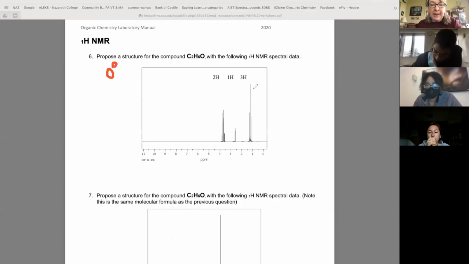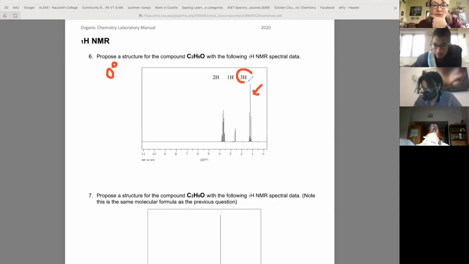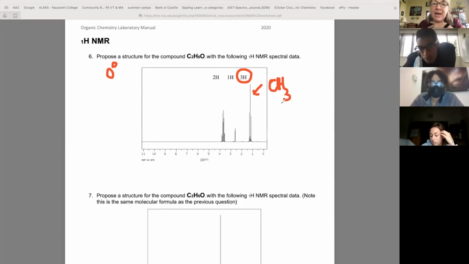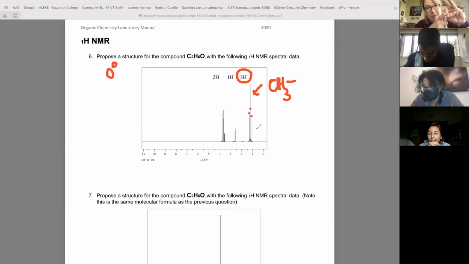I look at this peak right here, and here's how I do this. I have 3 hydrogens. Remember, those 3 hydrogens are the ones responsible for this peak. 3 hydrogens on a carbon next to one with, and then I look at the splitting. Do you see that this is a triplet? 1, 2, 3. So I have 3 peaks. I have a triplet, which means that I have 2 hydrogens on the neighboring carbon.